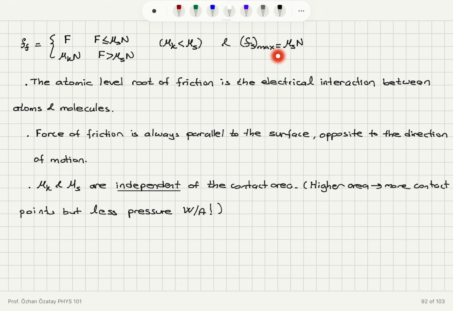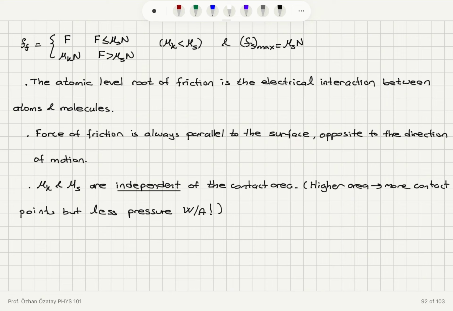Atomic level root of friction is the electrical interaction between atoms and molecules. Which atoms and molecules? Atoms and molecules of the surface and of the block that are in contact. Force of friction is always parallel to the surface, and it's opposing the motion, so opposite to the direction of motion. These coefficients mu k and mu s are independent of the contact area.